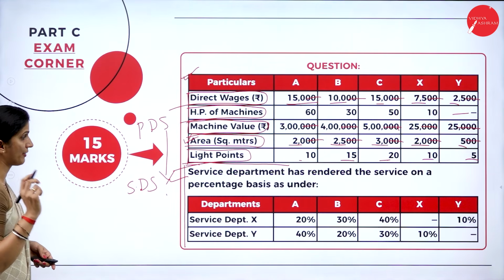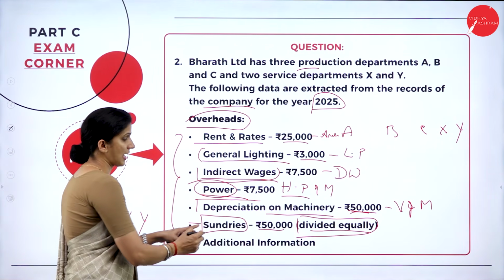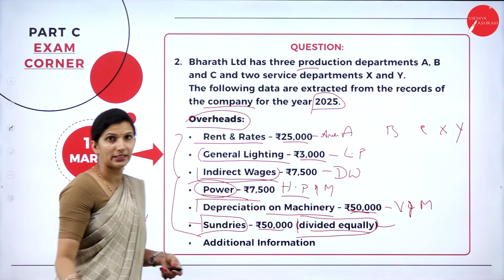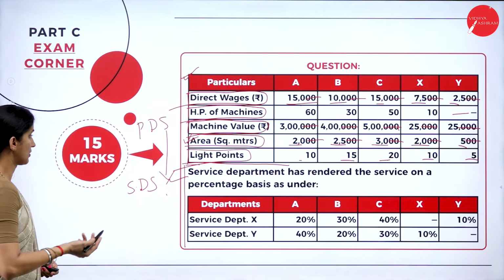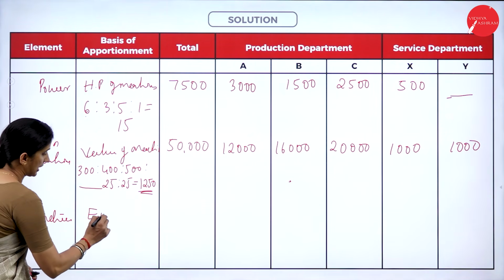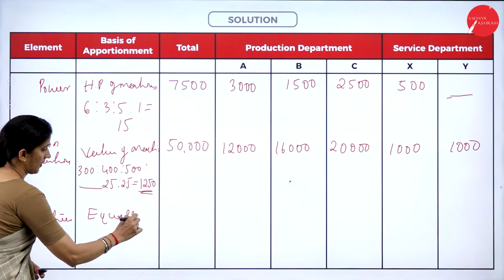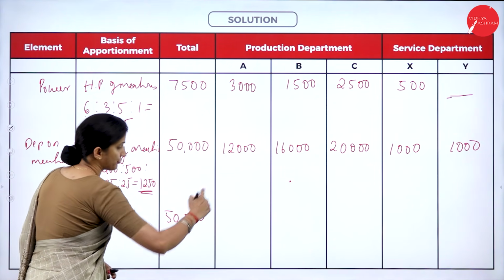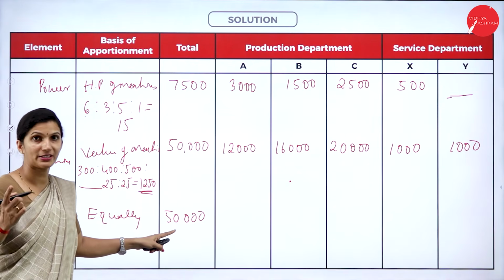And last we have one expense, that is sundries of 50,000, which will be divided equally among all the departments. So here we have sundries, it will be divided equally. The amount is 50,000. So we have 5 departments, so 50,000 divided by 5.